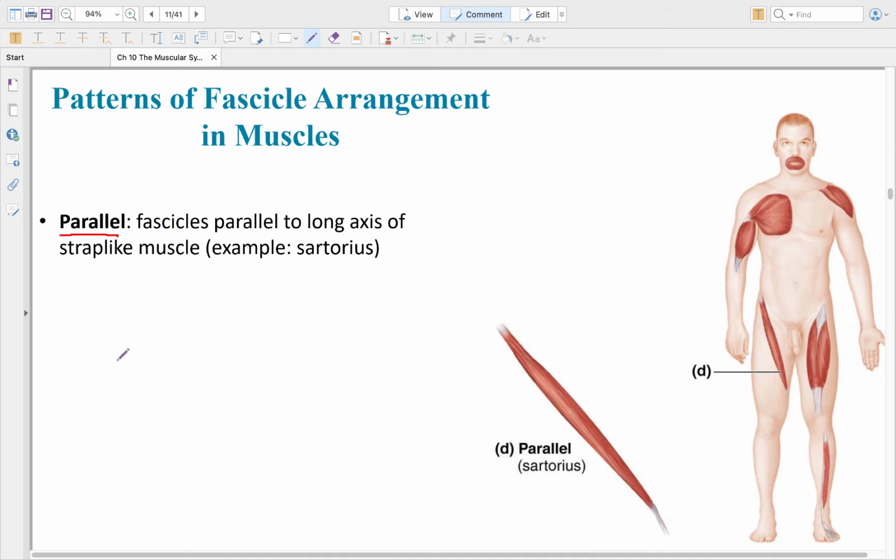Ultimately what's happening here is the fascicles are parallel to a long axis. A long axis is something like the sartorius muscle that wraps all the way around the quadriceps and connects back here. And it's very strap-like.